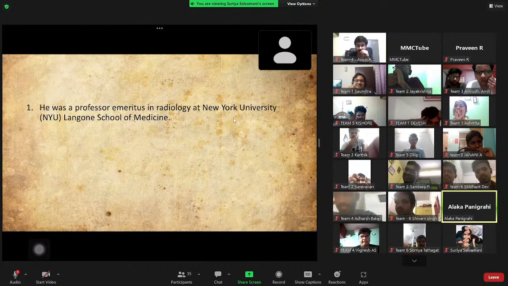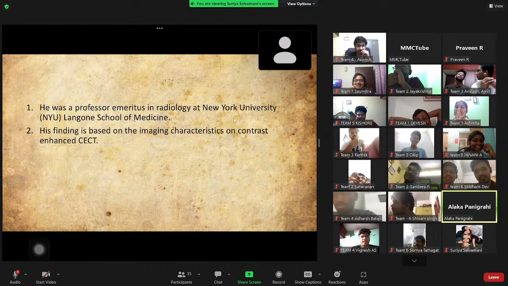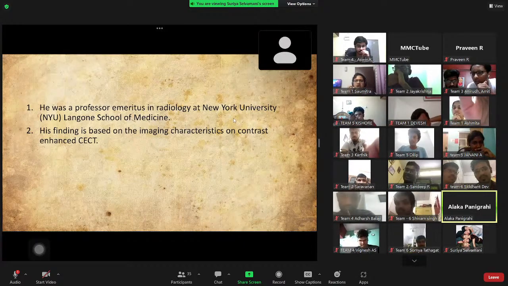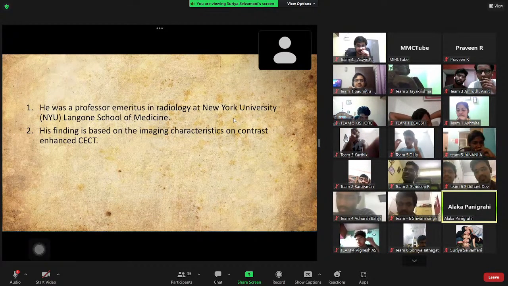His finding is based on the imaging characteristics on contrast enhanced CECT. I'll give you another clue. It's a classification, based on the findings that you see on CECT.